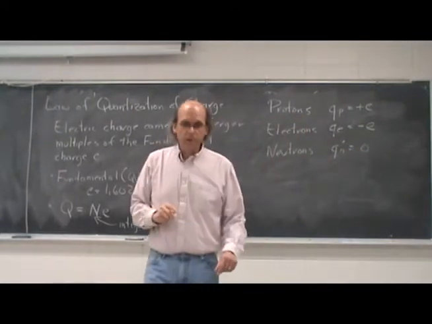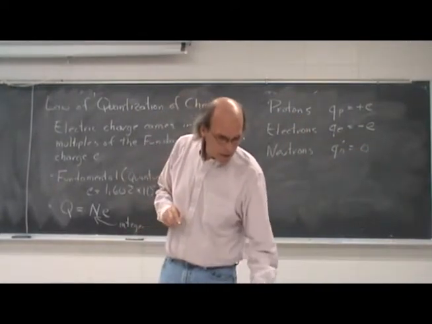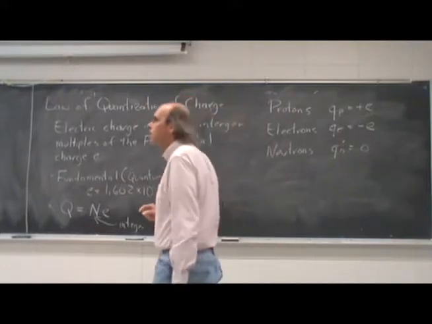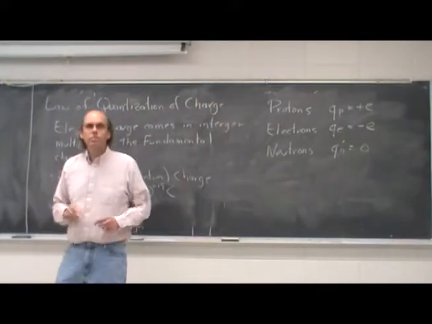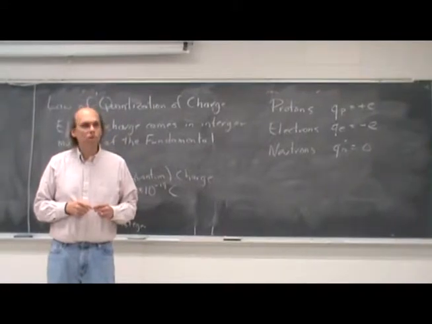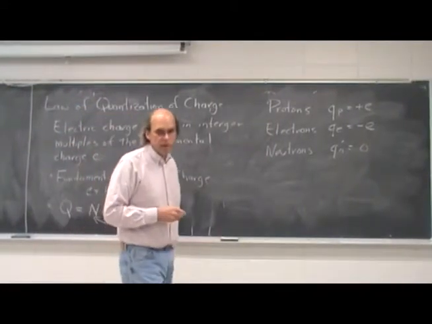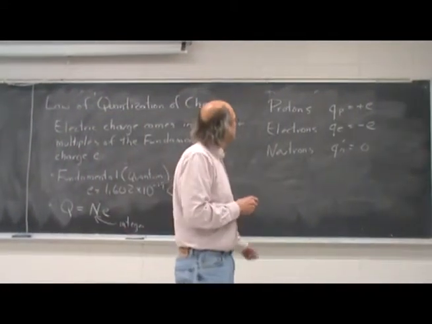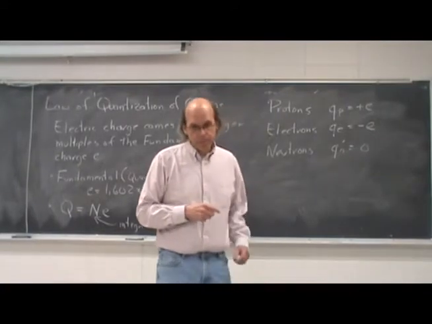So all those other things, the strange quarks, the muons, are really only produced in cosmic events or in particle accelerators. And so these things make up all the charged matter you guys deal with.